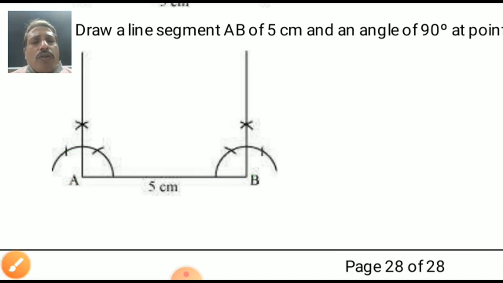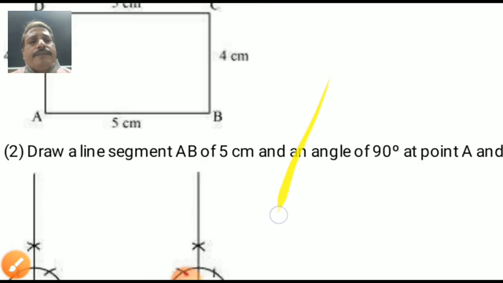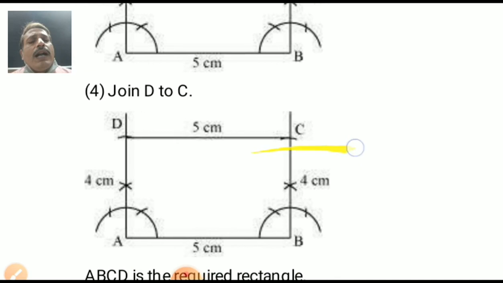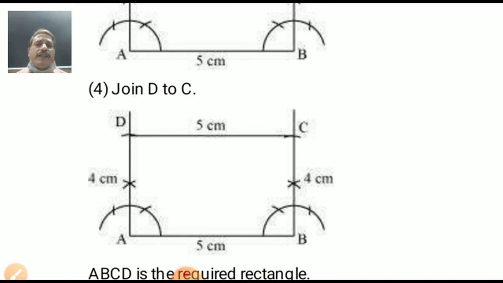Now I have both 90 degree angles, and measurement of A to D is 4 centimeter and B to C also 4 centimeter. Cut it. An arc, not dot, cut it. Scale is there, but you have to use the pair of compass. Students, don't forget it, pair of compass is needed.